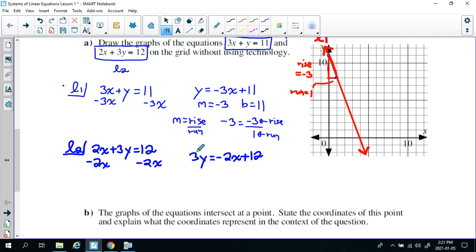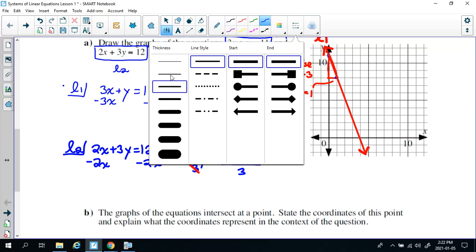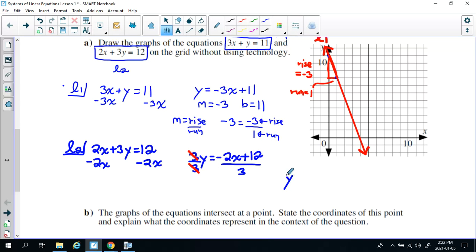And then let's get the y isolated. So I'm going to divide this side by 3, divide that side by 3. So that's going to make the 3's on this side cancel. And then the way to properly express this is basically take each term in the numerator and divide by the denominator. So then y would be equal to negative 2 over 3 x plus 12 over 3.